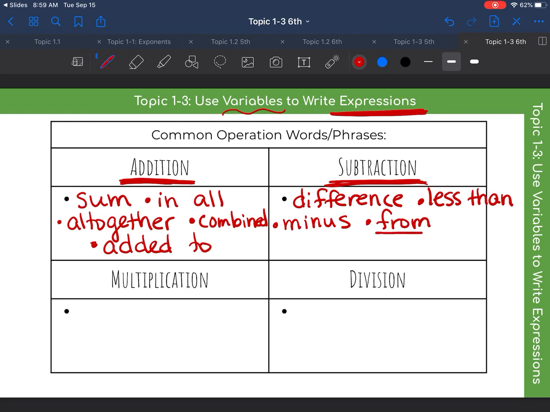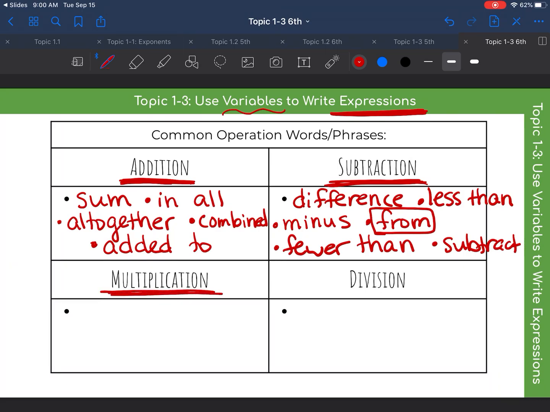The word from, I actually want you to put a star next to that or an exclamation point, because from, you don't think it has to do with subtraction, but it does. 5 away from 10 tells us that we are doing 10 minus 5. Another one is fewer than. And the classic subtract. If we see the word subtract, we know we're subtracting.